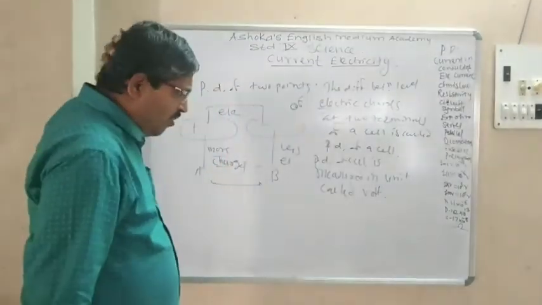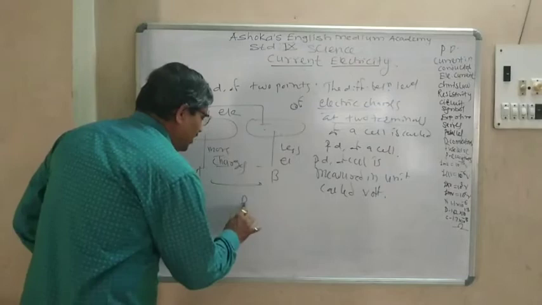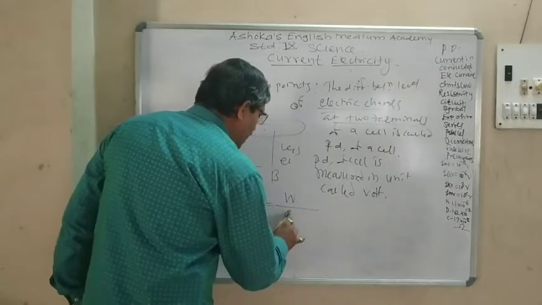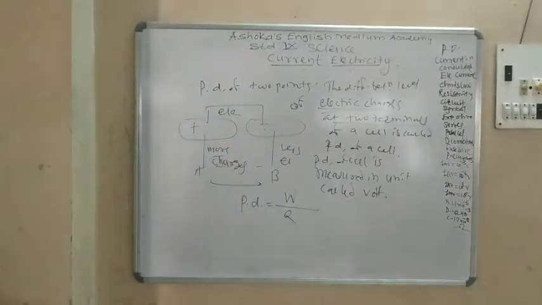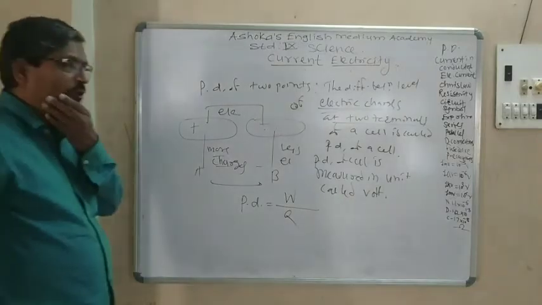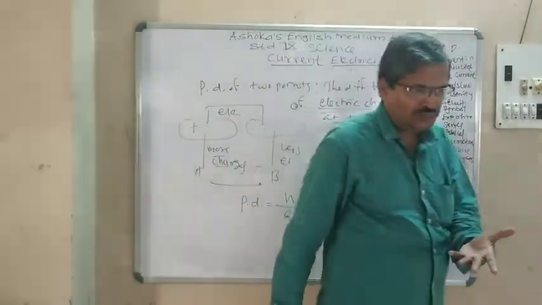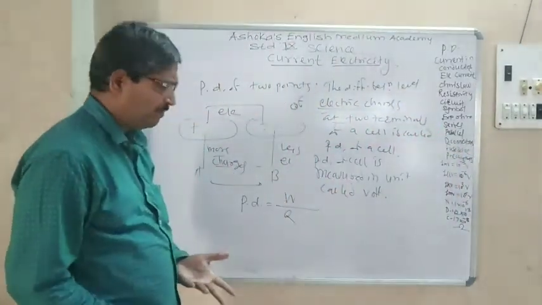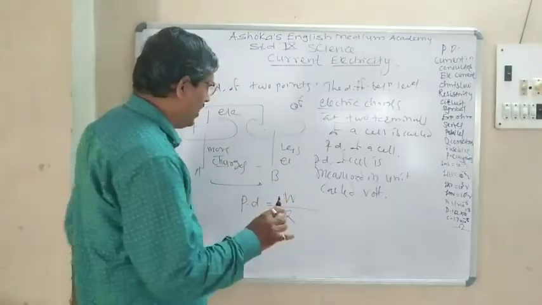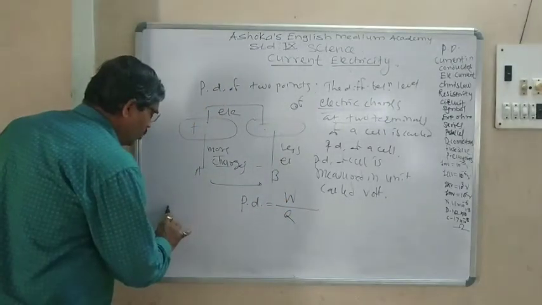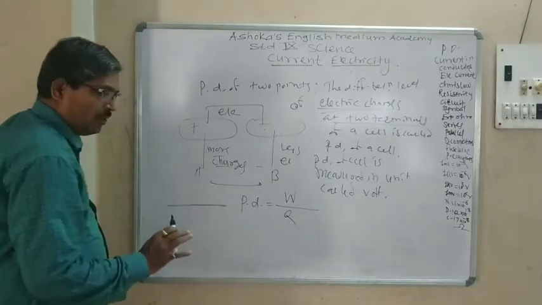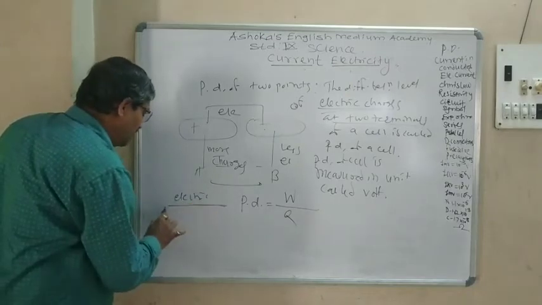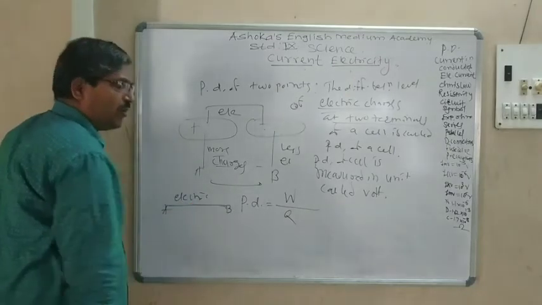But before that, how is this potential difference calculated? Potential difference is calculated as work done upon Q. It means W upon Q. Potential difference is equal to W upon Q. Here work is done to carry electric charge from one point to another point.